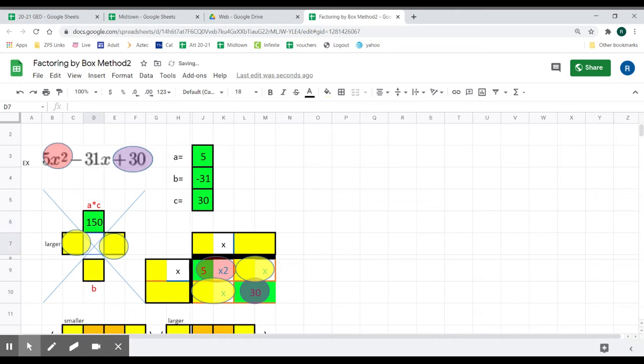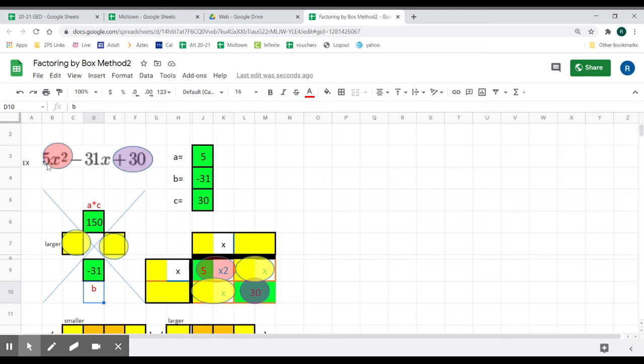And then for B down here, B is your middle term, which will be a negative 31. So if you take a look, you take the first number times the last number. This gives you the 150 here, A times C, the number on the top.